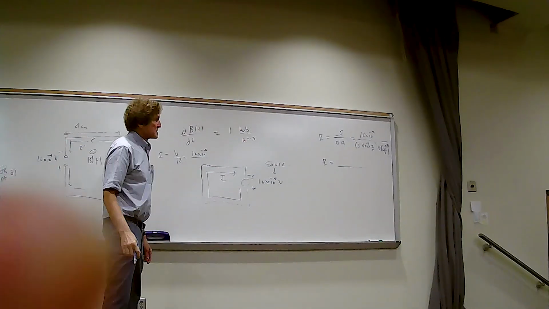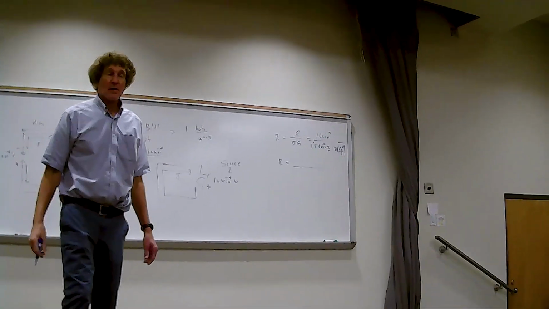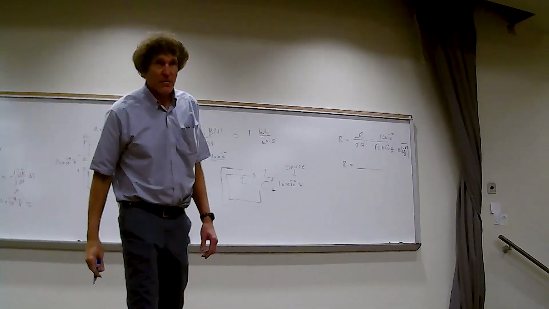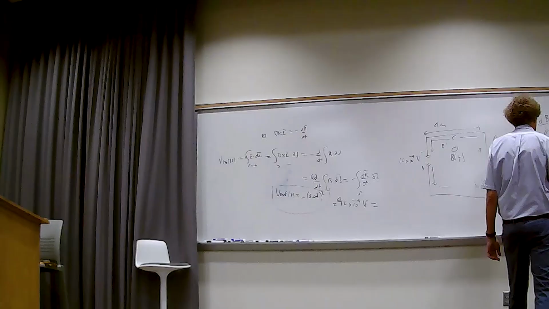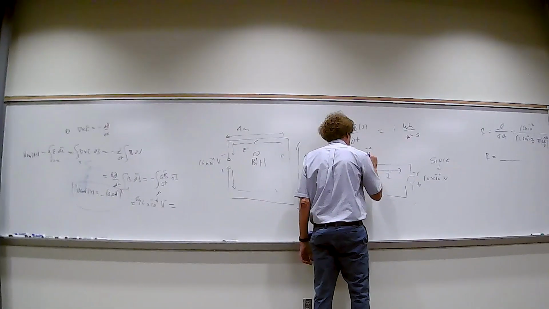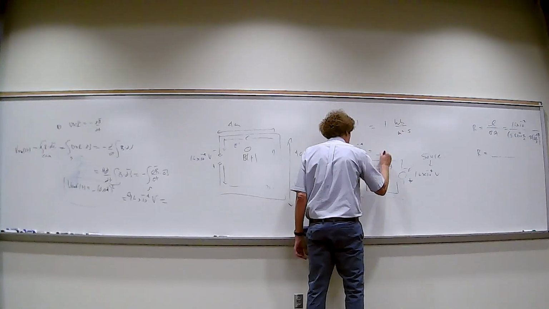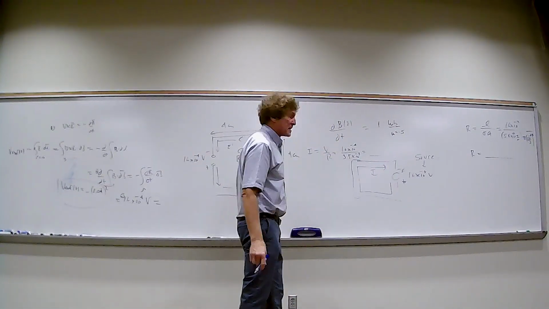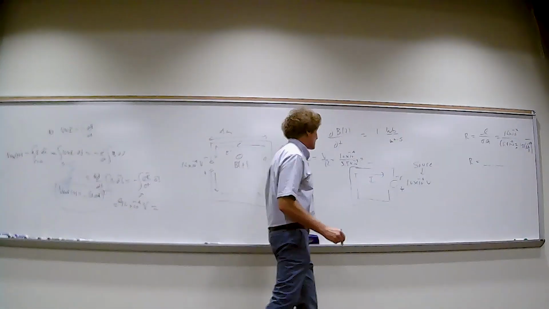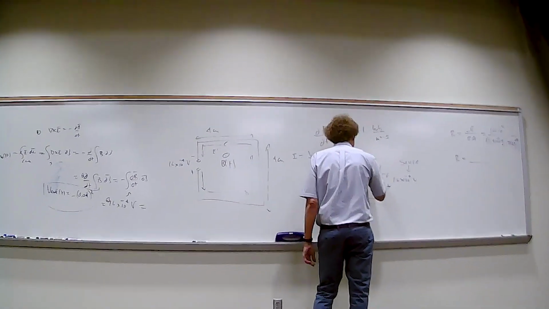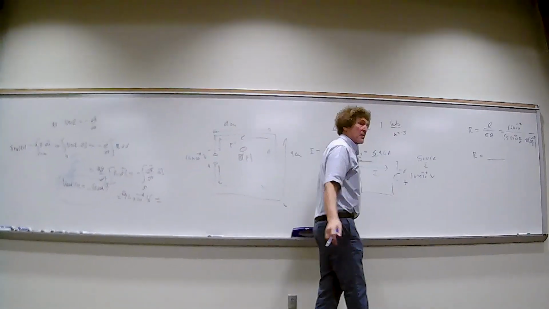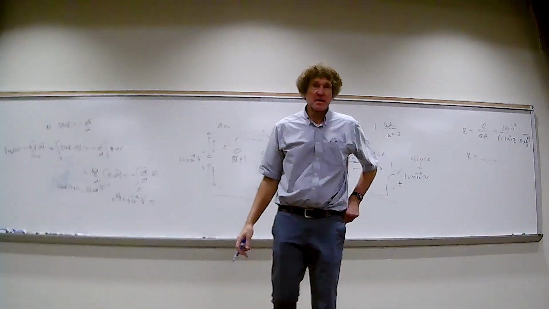Can you tell me what that resistance is? 3.5 millions? So it's divided by 3.5 times 10 to the minus 3, and tell me what that is. 0.46 amps. Is that right? In the solutions, class?